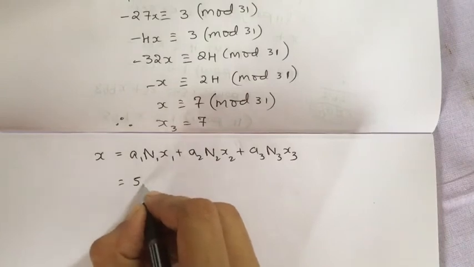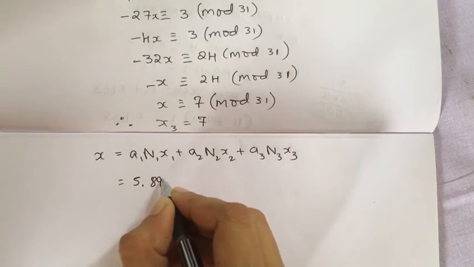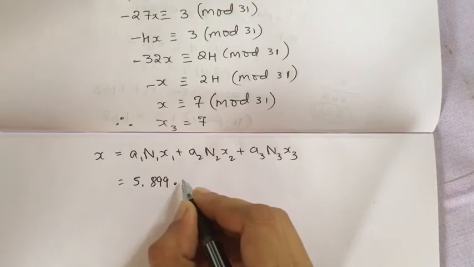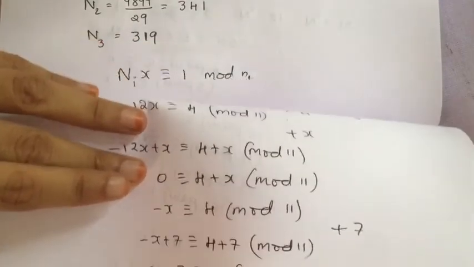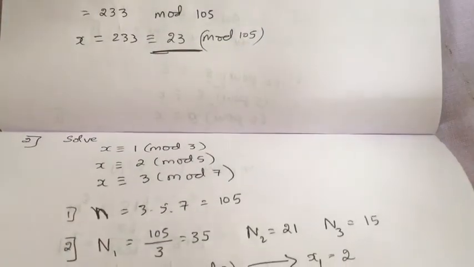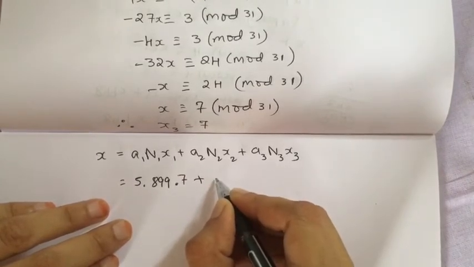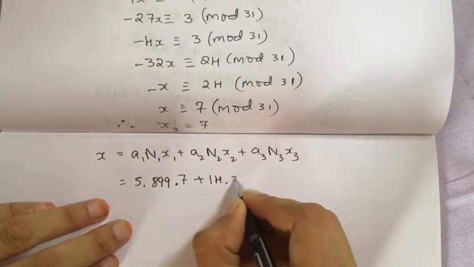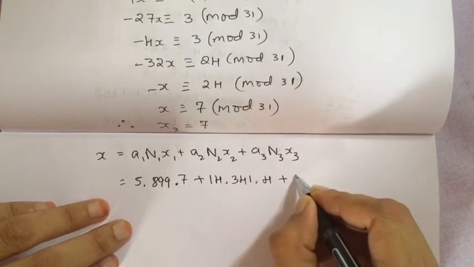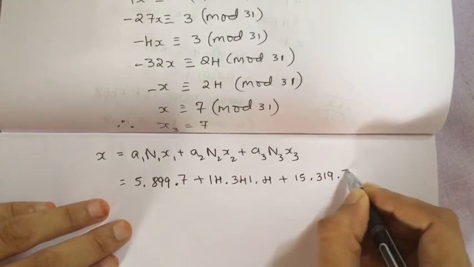A1 is 5 into n1 is 899 into x1 is 7, plus a2 is 14 into 341 into 4, plus a3 is 15 into 319 into 7.